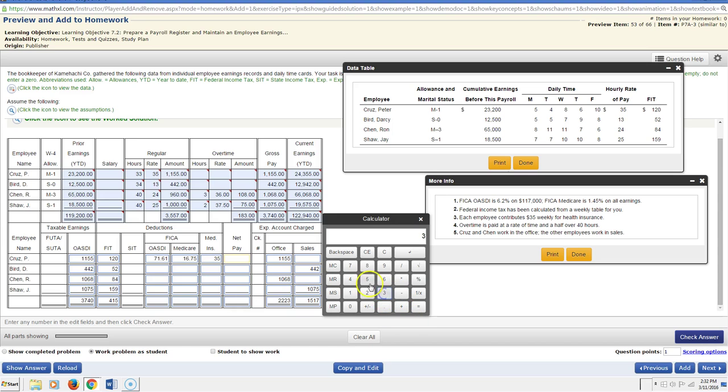Minus the $35, and that should give you your net pay. Again, you started with your $1155 gross minus the deductions, and that would bring you right down to the net, which should be $928.39 for this guy, 928.39.